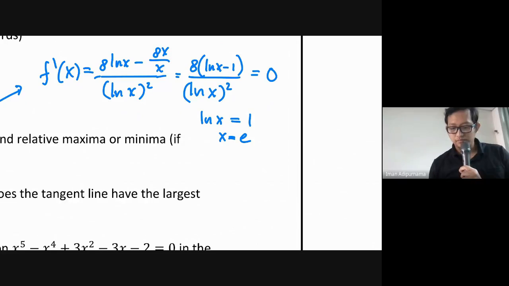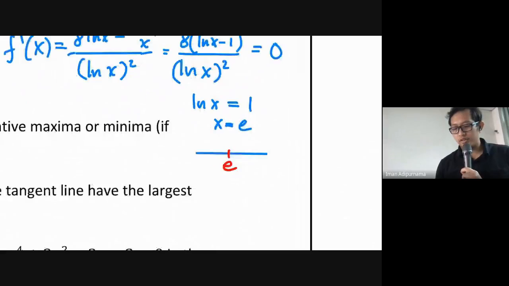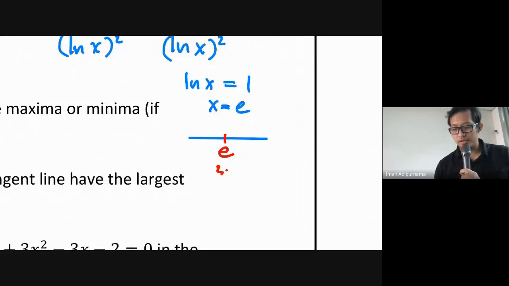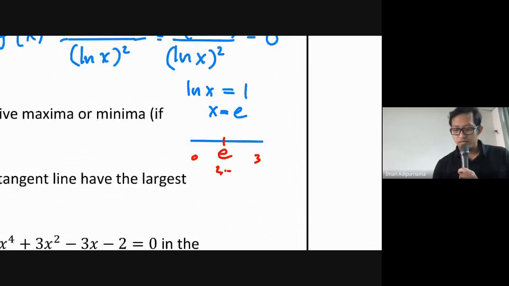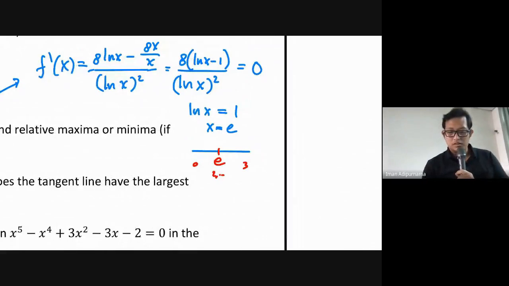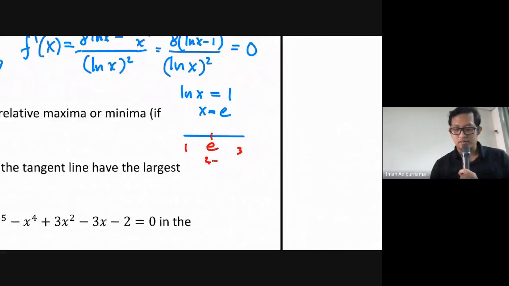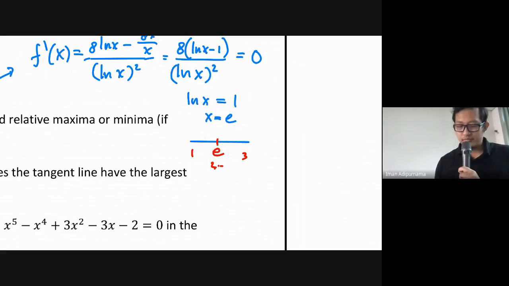If you're not careful, you'll find this is e. And check, e is around 2 point something. So maybe you can check 3, or maybe check 1, because 0 is not defined, right? And you check e, and what will happen?